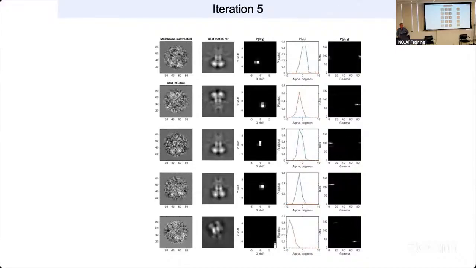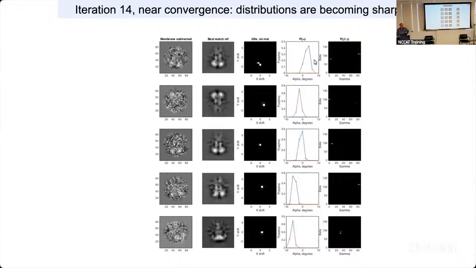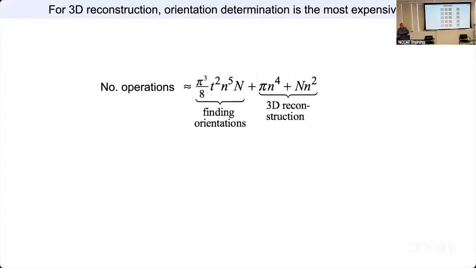And as we iterate, these distributions become sharper and sharper, and we get better and better estimates of the 3D volume as we go through these EM iterations.